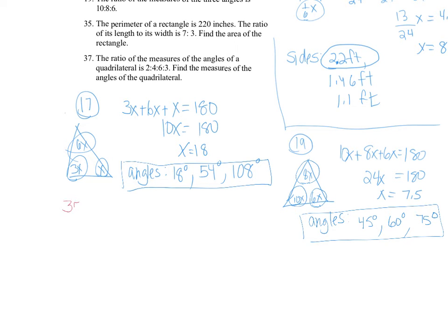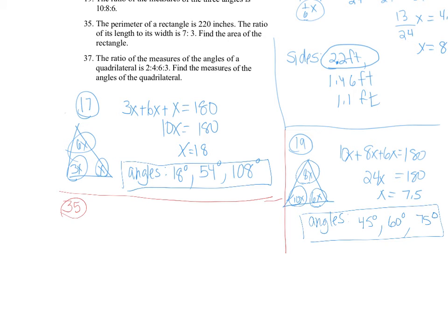Just going to switch colors here so that we don't get confused. Number 35 says the perimeter of the rectangle is 220 inches. The ratio of its length to its width is 7 to 3. Find the area of the rectangle.